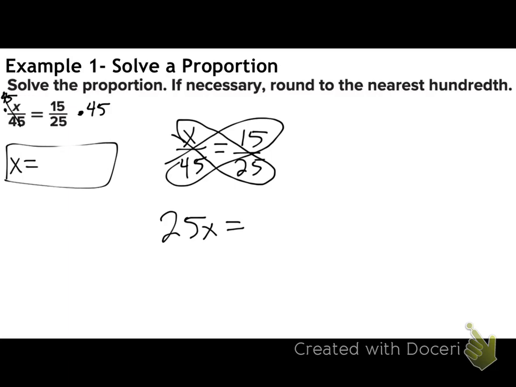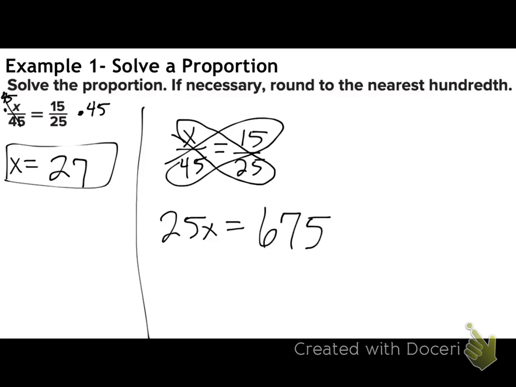On the first example that we did, we're supposed to do 15 over 25 times 45. So what do we get for that? 27. That equals 27, okay. There we go. So, 45 times 15 gave me 675.